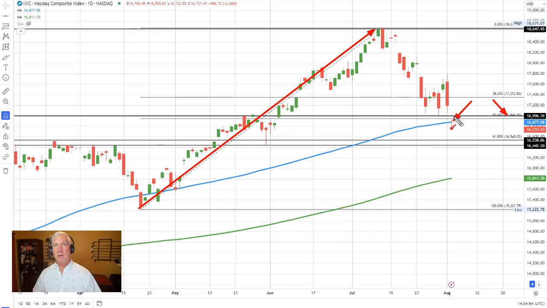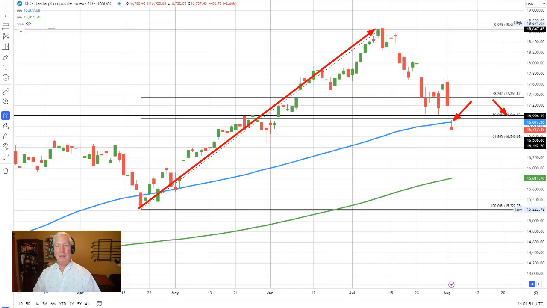Both those levels need to be broken to increase the bullish bias or give the buyers some hope. As you can see, we moved in between those levels. This line right here represents the 50% retracement level. So we moved above the 100 but below the 50%, and we started to rotate back to the downside. Now trading at session lows, minus 2.83% in the NASDAQ index.